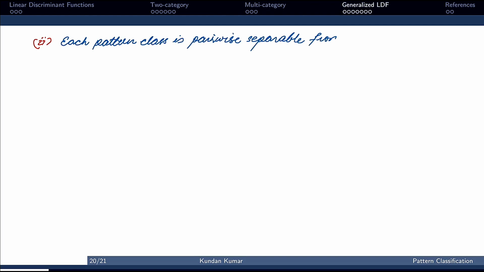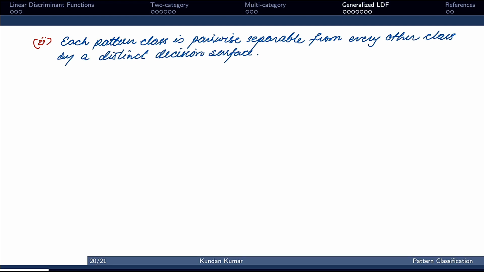The next case that we discussed is that each pattern class is pairwise separable from every other class by a distinct decision surface. In this case, no class is separable from the others by a single decision surface. Let me draw the pictorial representation of this case.